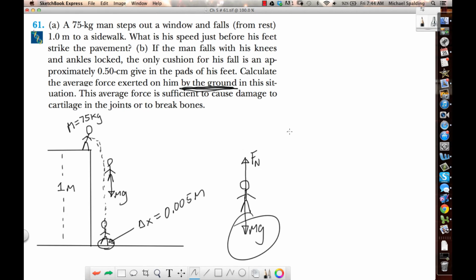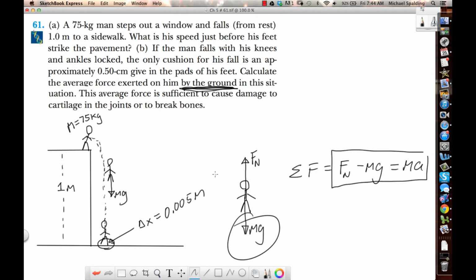So how could we find the normal force? A different way: you could have gone, sum of the forces equals normal force minus mg. That equals ma, right? And we're saying that up is plus and down is minus. And then use a kinematic to get a. Could you find the acceleration with a kinematic?